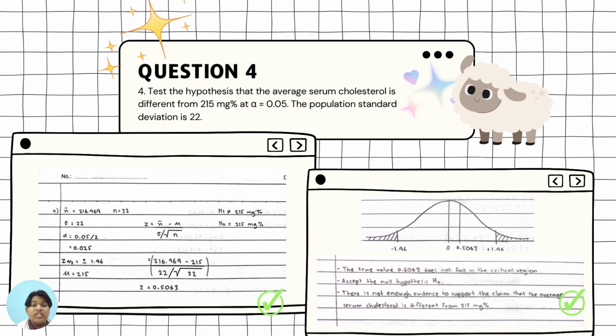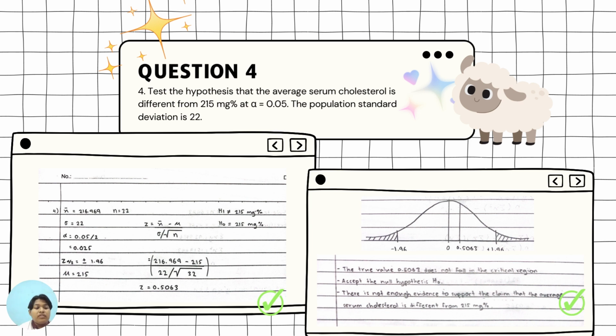The standard deviation is given 22, so the alpha is 0.05, as this is two-tail condition, so it will be 0.05 over 2, which is 0.025. So the z-score is plus minus 1.96, and the average is given 215.